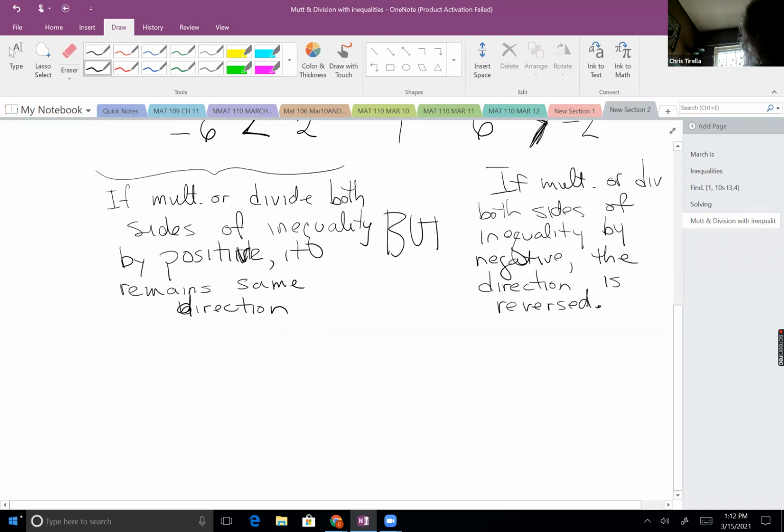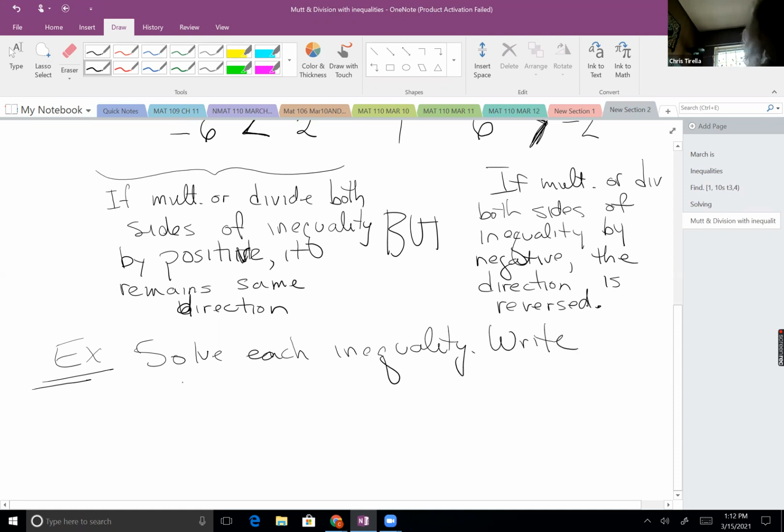So let's go through and let's look at some examples. Let's solve each inequality and write the answer in interval notation.